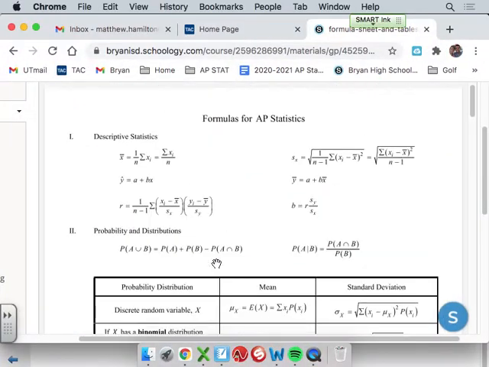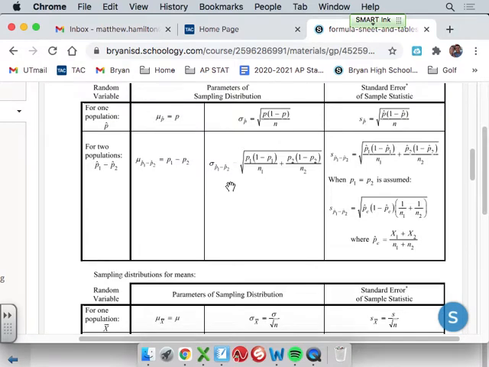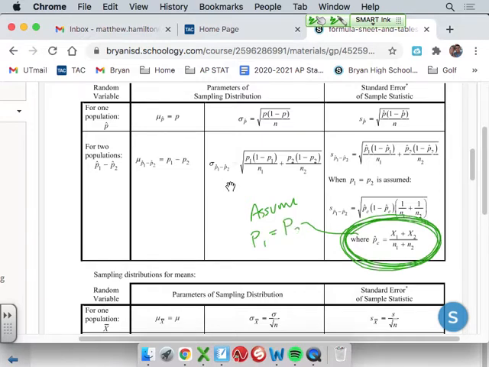I'm on the back side with our proportions area. We have this special thing for when we're assuming the null that the two P's are equal.